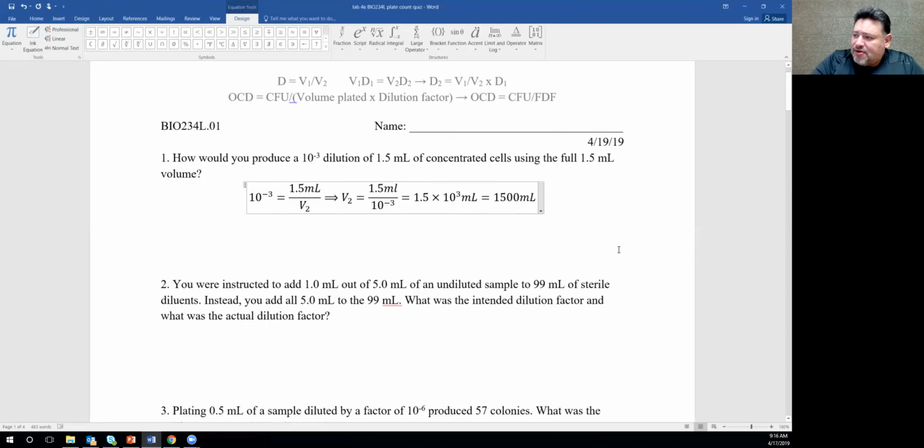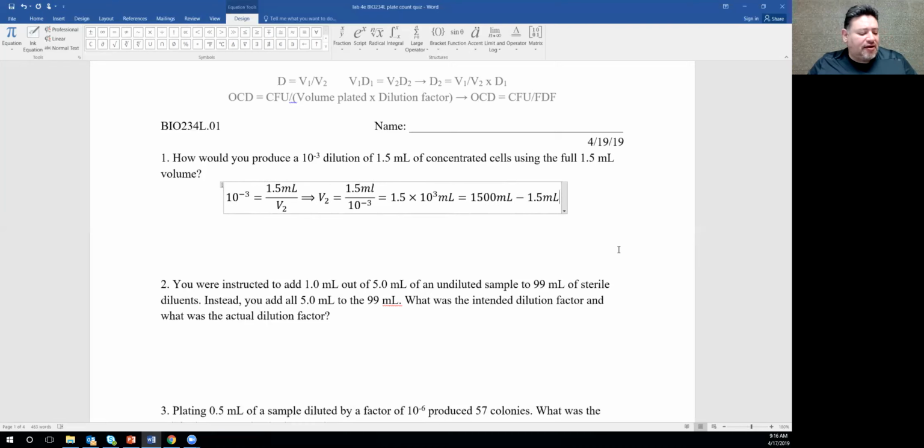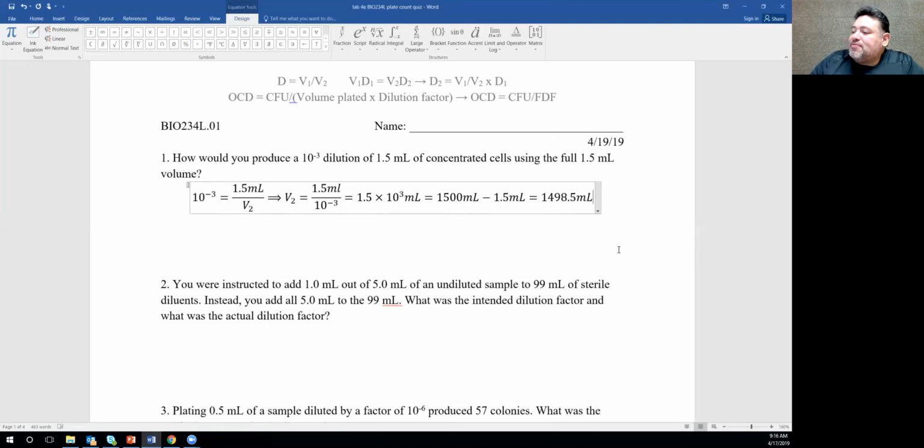Okay. So we subtract 1.5 mLs. I'm going to use my handy dandy calculator here because I don't want to do basic math apparently. And subtract 1.5, and I come out with 1,498.5 mLs.